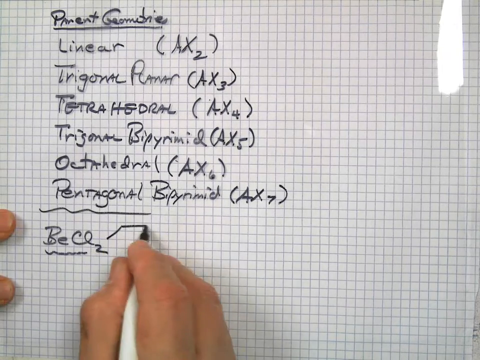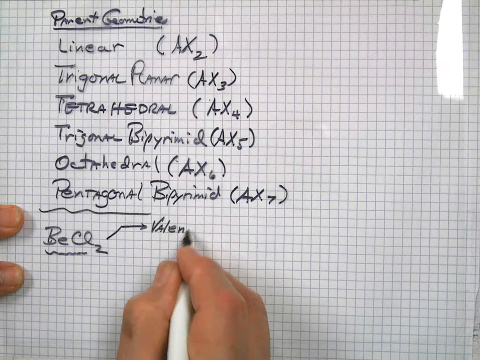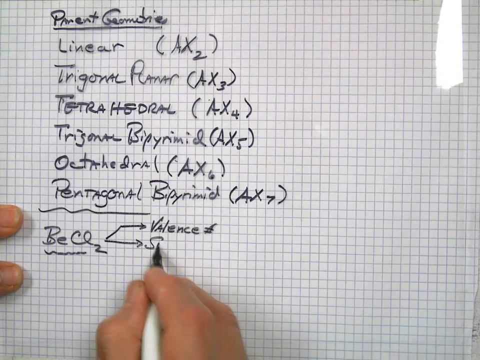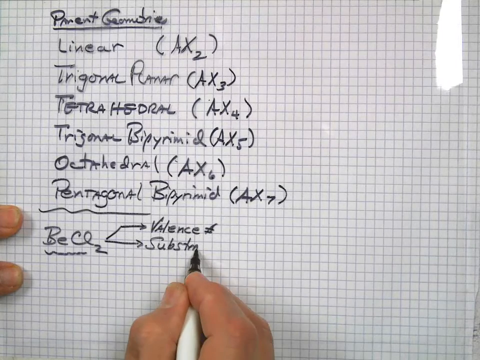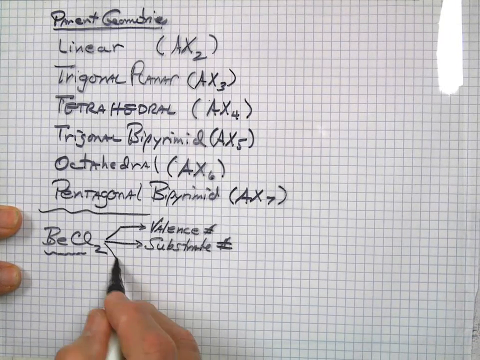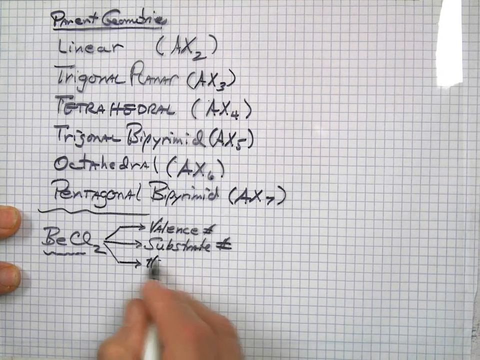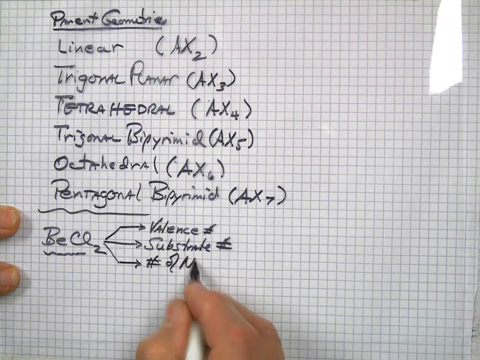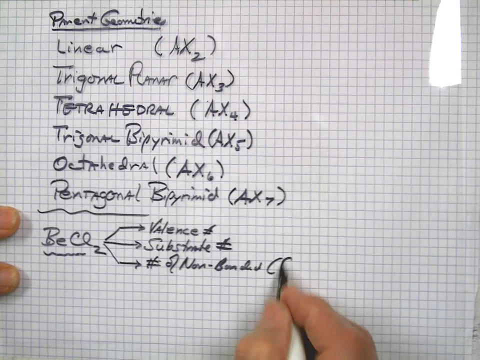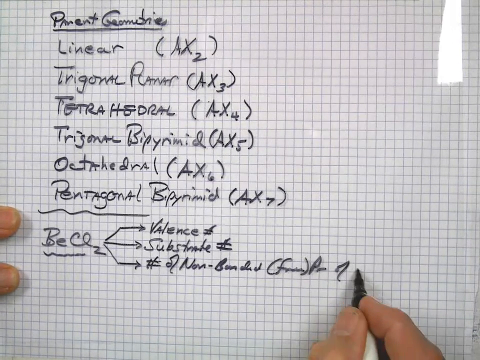So we're going to calculate the valence number, the substrate number, not an octet this time, and the number of non-bonded or free pairs of electrons.